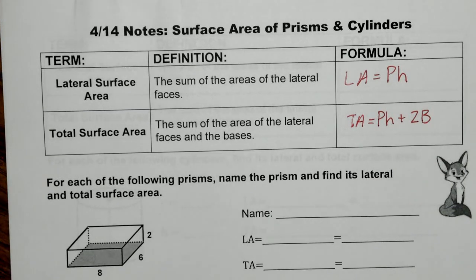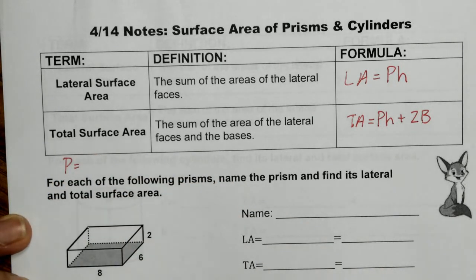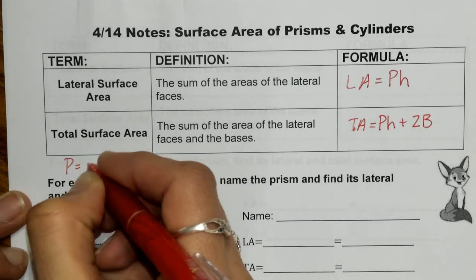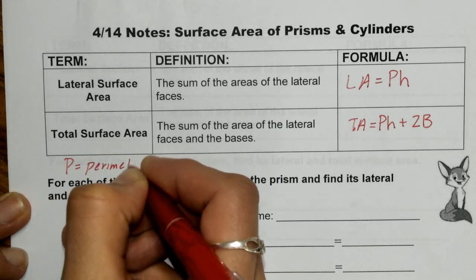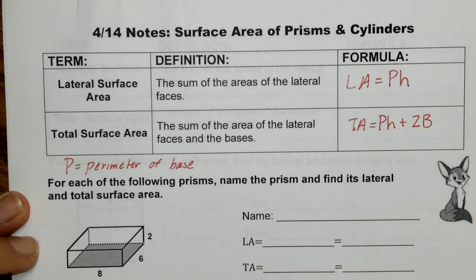Now, there's a reason these are uppercase and lowercase, okay? We'll talk about that here. Big P is going to be perimeter, but it's perimeter of the base, so it's a big section of this. So that's why it's a big letter. So this is going to be perimeter of base. Okay?